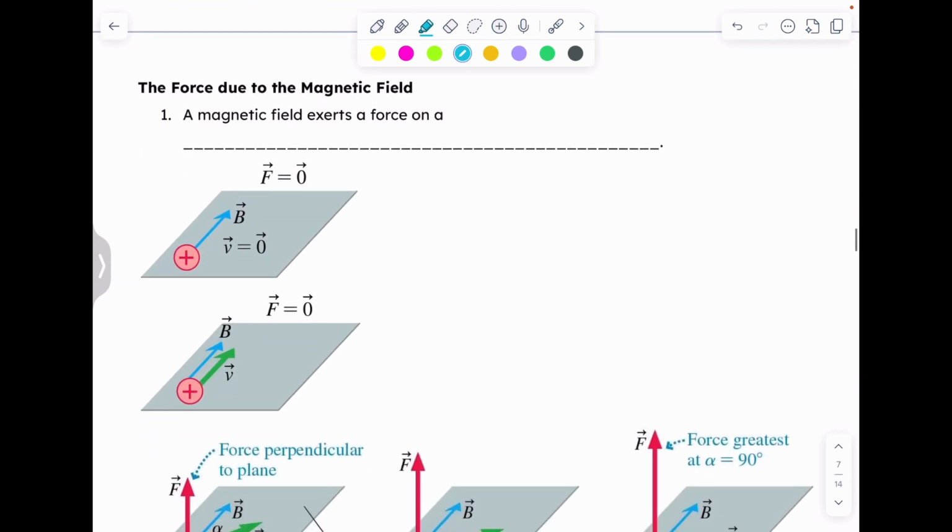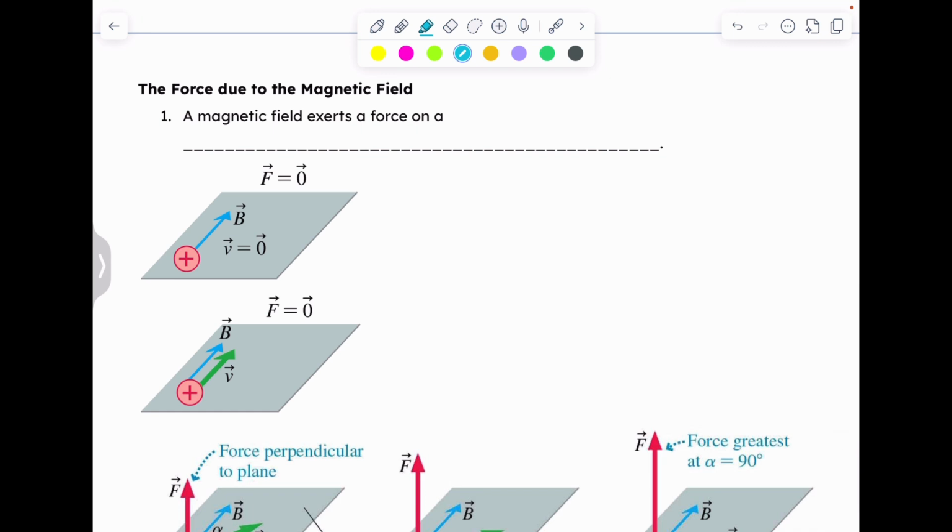All right, we're going to finish off with just force due to a magnetic field. Magnetic fields exert forces on charged particles. So it's important to note that the field is external to the field that would be created by the moving charge itself.